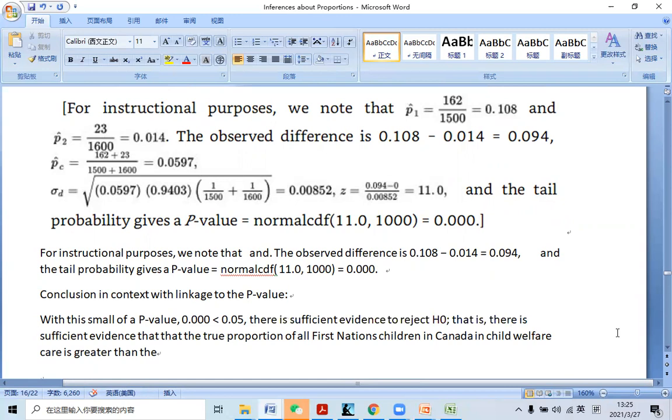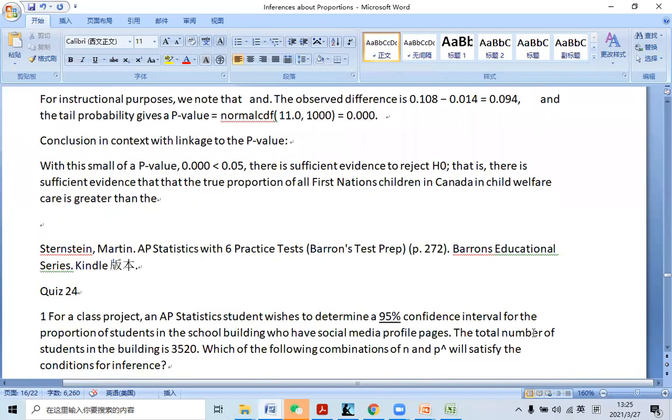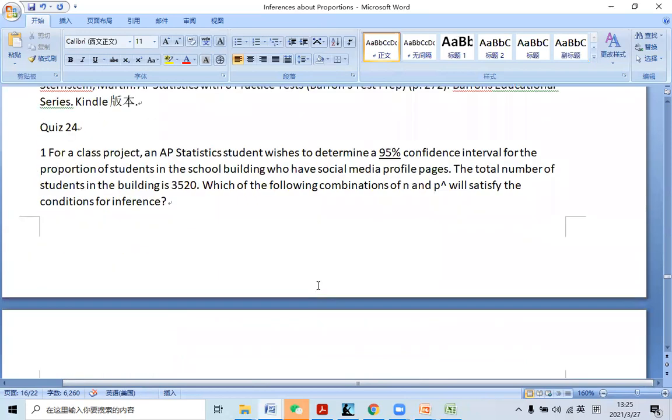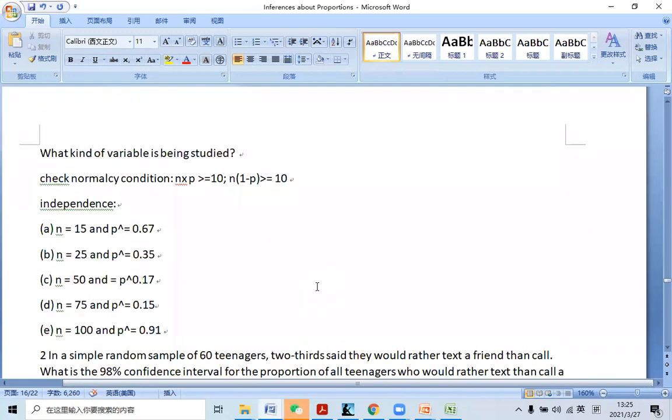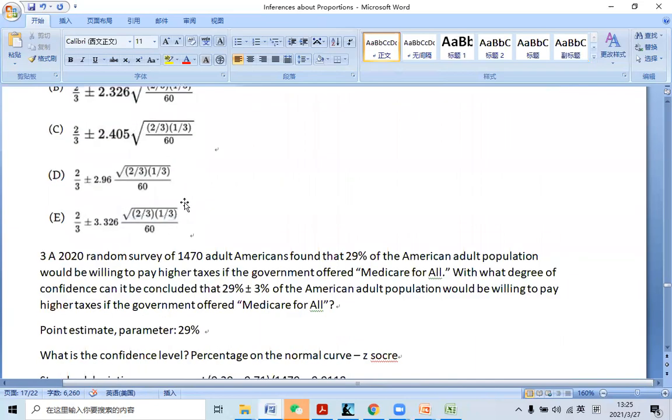In other words, there's sufficient evidence that the true proportion of First Nation children in Canada in welfare is greater than that of non-Aboriginal kids. That's a conclusion you can draw. There's significant evidence. Hypothesis testing.